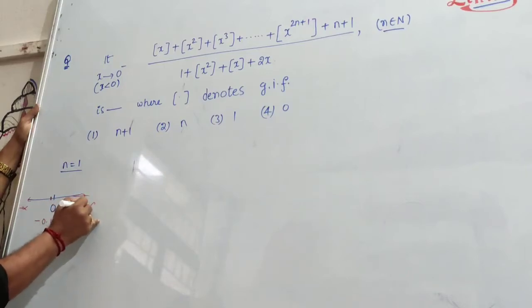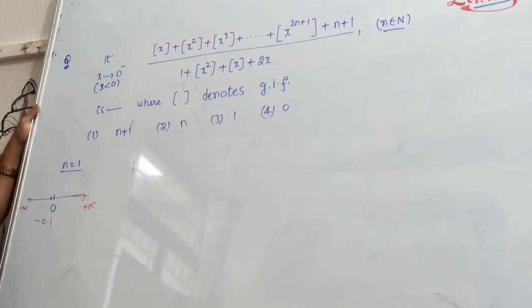The negative side is minus infinity, this one is plus infinity, like that. You can consider minus 0.9 or 1 or something like that, very near to 0. You can take any value, but it is better to take a very near value.